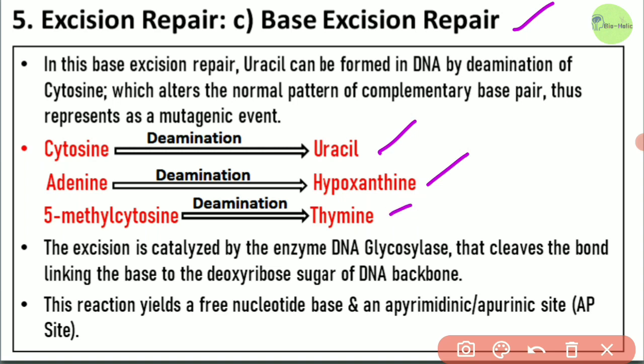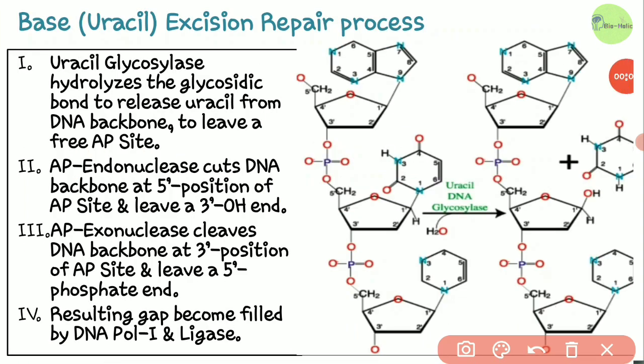So this excision is catalyzed by the enzyme DNA glycosylase, which cleaves the bond linking the base to the deoxyribose sugar of the DNA backbone. This reaction yields a free base and an apyrimidinic or apurinic site, or I can say AP site. Okay, so let's see the process in detail.